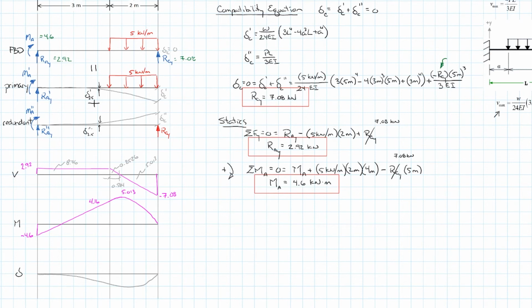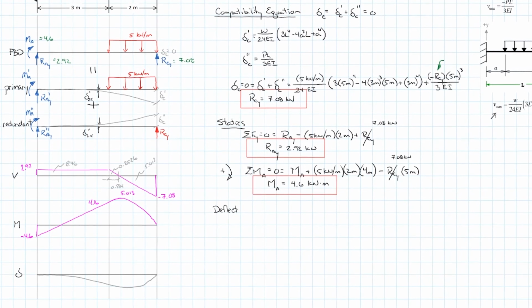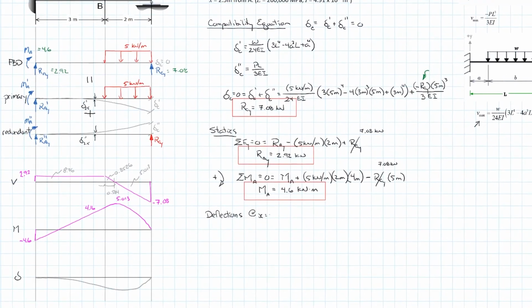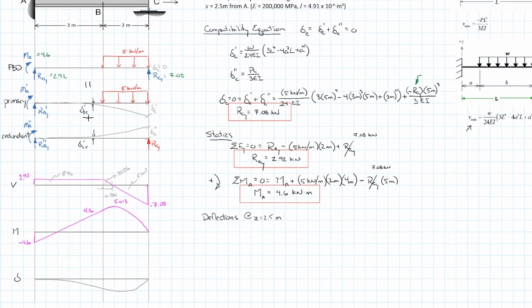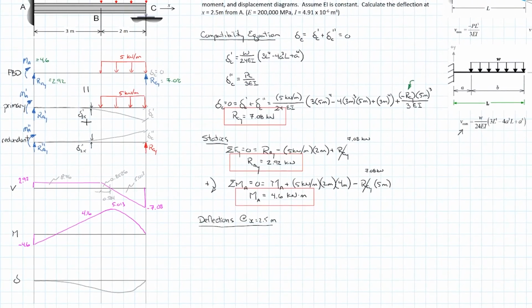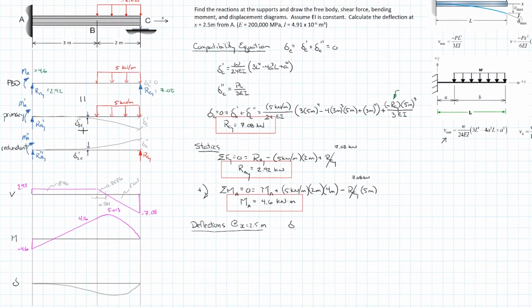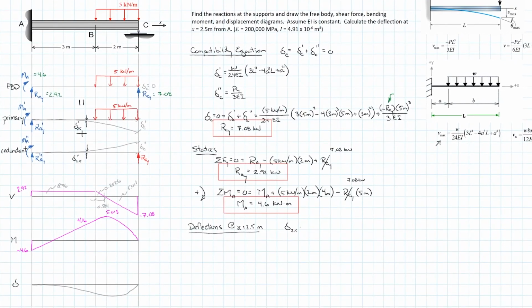And so now I can go about getting our deflections at x equals 2.5 meters. So our deflection at 2.5 is equal to our deflection at 2.5 prime plus our deflection at 2.5 double prime.